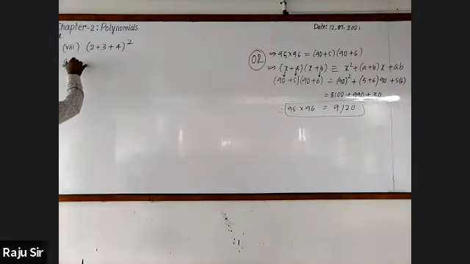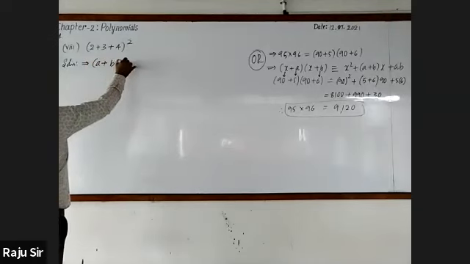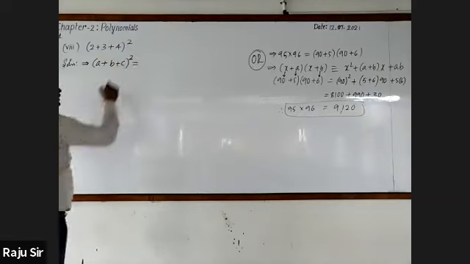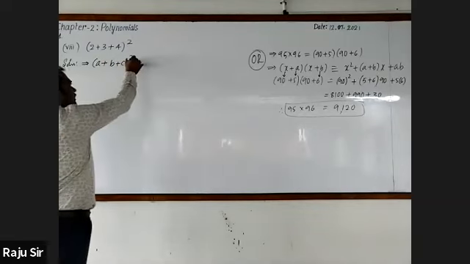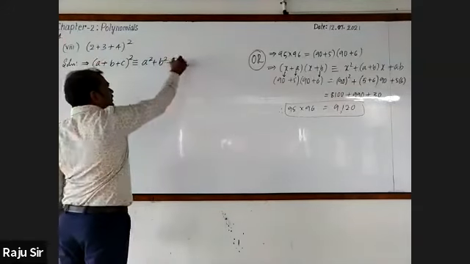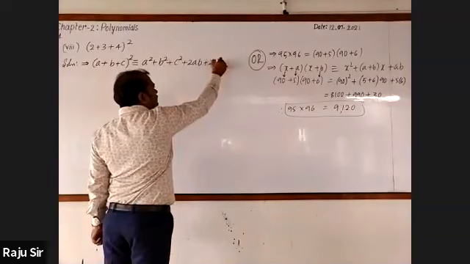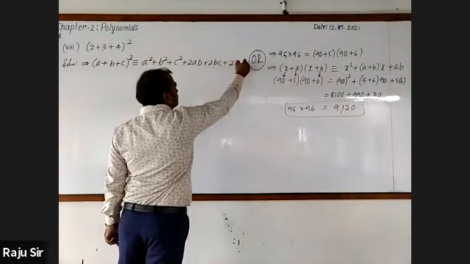It is in the form of the identity (a + b + c) whole square, which is exactly equal to a square plus b square plus c square plus 2ab plus 2bc plus 2ca.